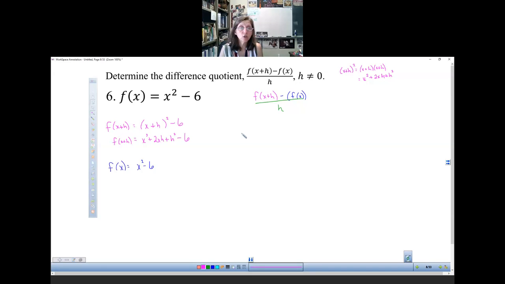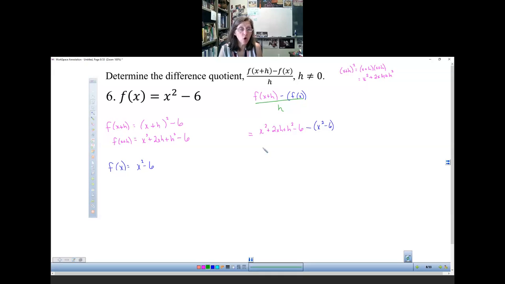And so now to evaluate the difference quotient, I have f of x plus h, which is this entire expression. So x squared plus 2xh plus h squared minus 6, minus parentheses x squared minus 6. I'm going to clean it up in a minute.